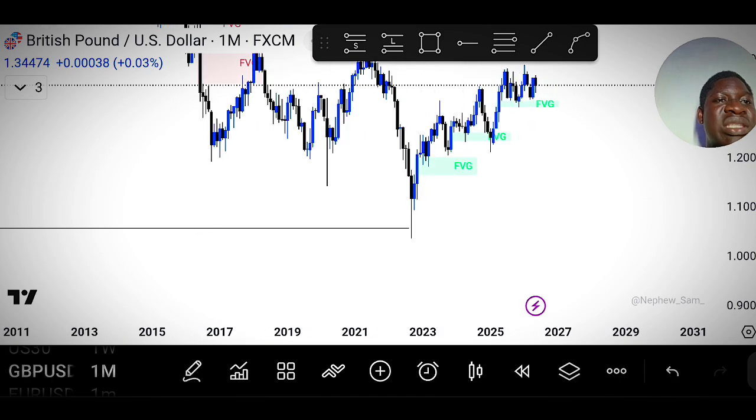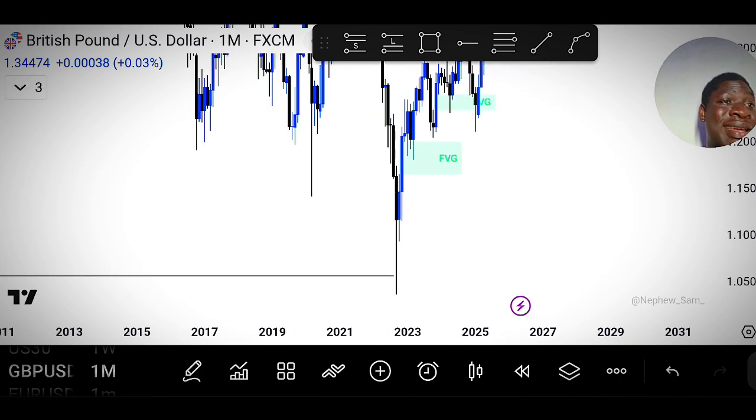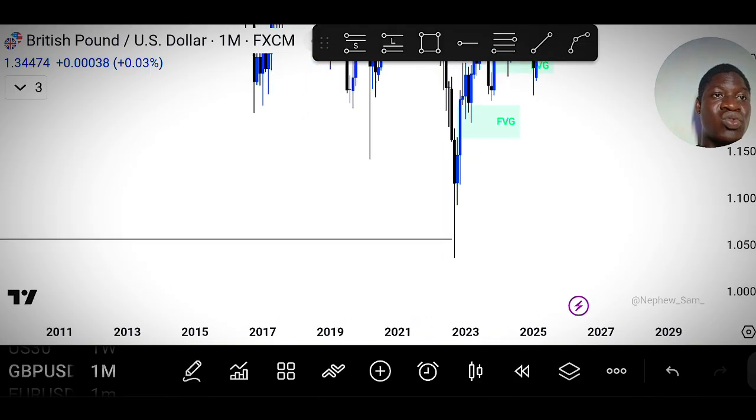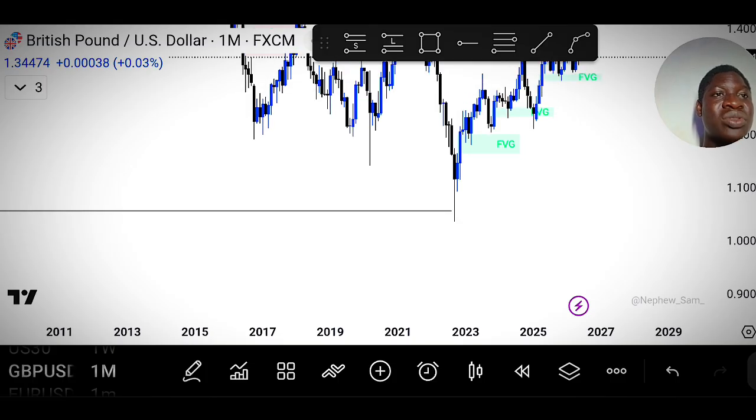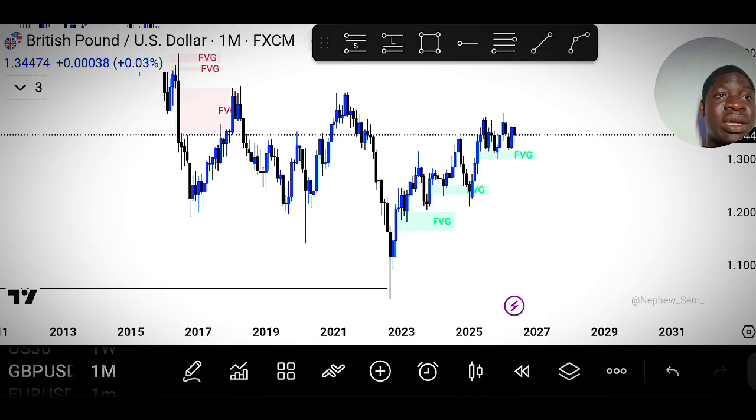Once something like this occurs, the market is likely to change direction. Once you see a sweep like this, you're going to see a direction change, a change of character, or a market structure shift in the market.